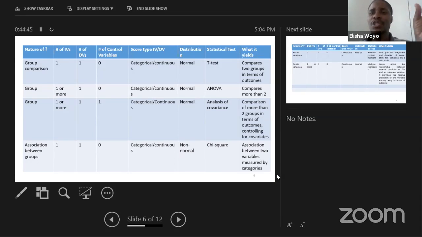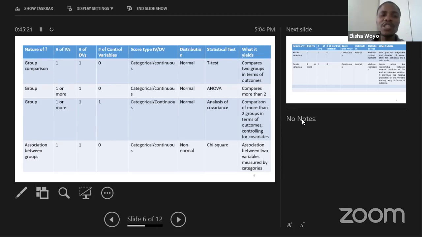Here you are comparing more than two groups in terms of their outcomes as well as the covariates in that data. You can also use MANOVA, multivariate analysis of variance, if you want. But the idea I'm presenting here is that you first need to understand what your research question requires you to do, and it informs the statistics that you need to use to analyze your data.